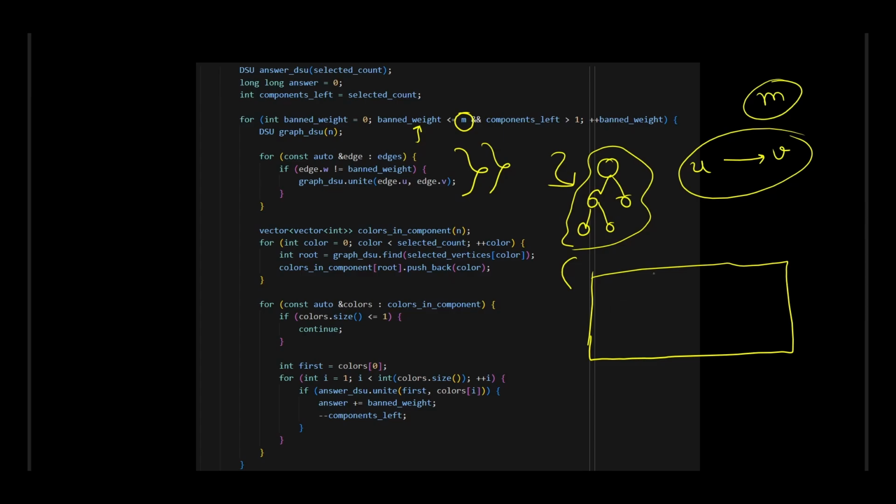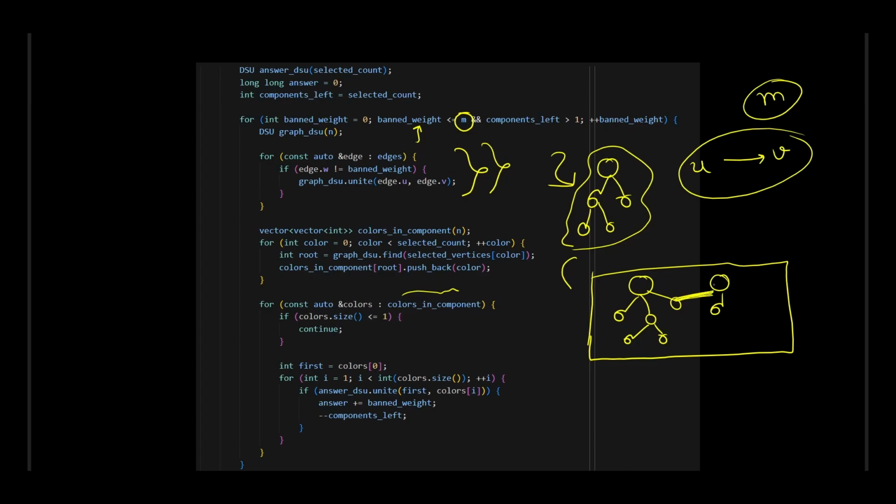Now in your DSU, this time you don't actually have to iterate over all the pairwise things. You just have to merge these DSUs, and you have to check whether they have been merged for the first time, right? So you split it into several components, and then you do the merging.